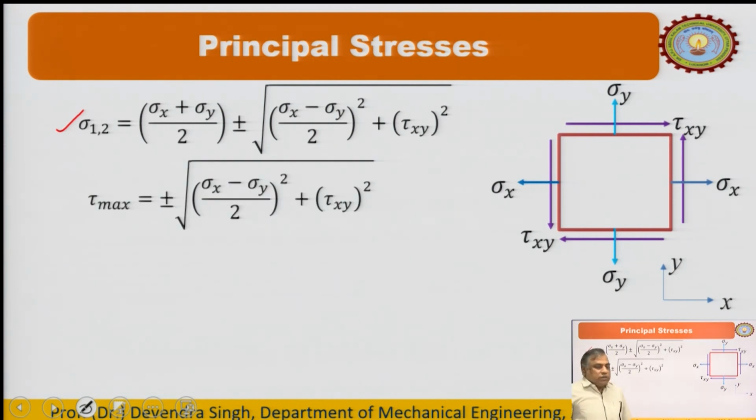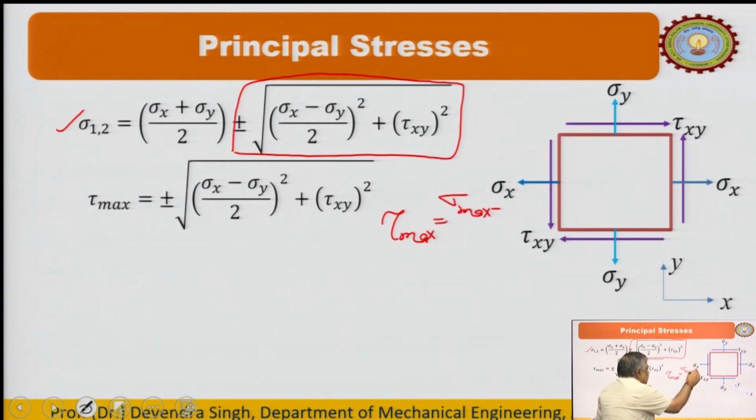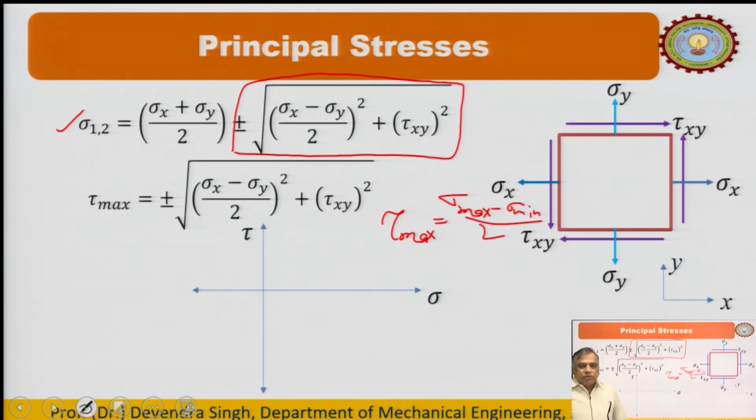Similarly for tau max, you should always remember, as studied in strength of materials, sigma max minus sigma min divided by 2, principal stress maximum minus principal stress minimum, divided by 2 will give you the maximum shear stress.